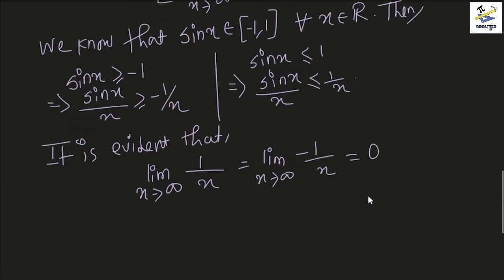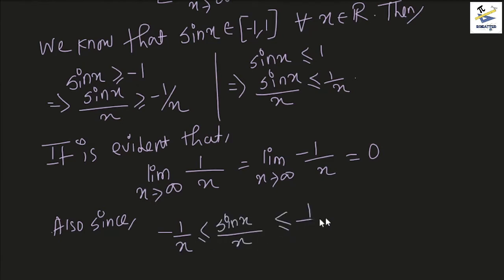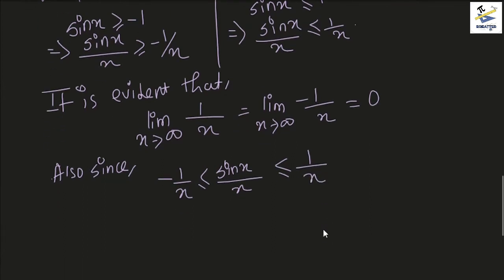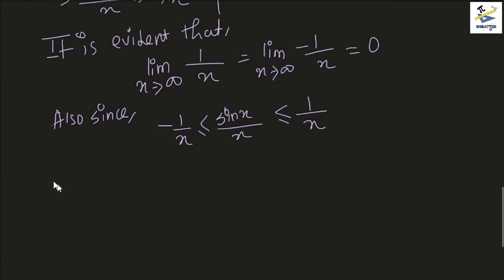So both the limits actually go to 0 irrespective of the sign, and also since we can bound the function sin x by x using this as we have done here, we can basically write -1 by x less than or equal to sin x by x less than or equal to 1 by x, right? Now I'm going to quote a theorem here. It's called the sandwich theorem.